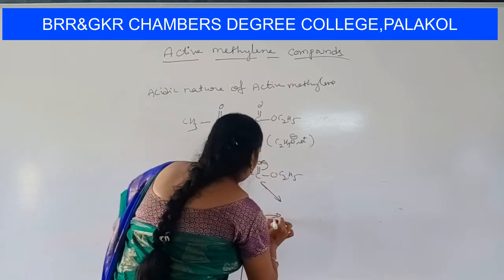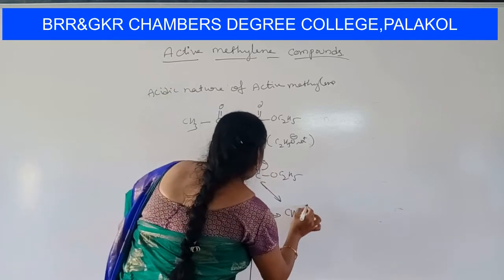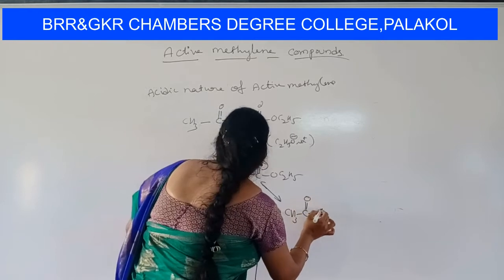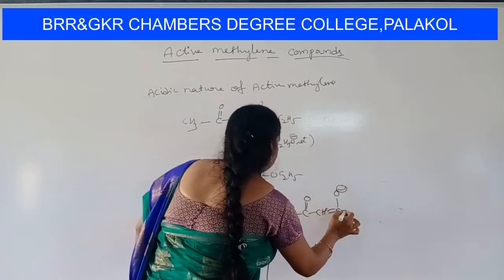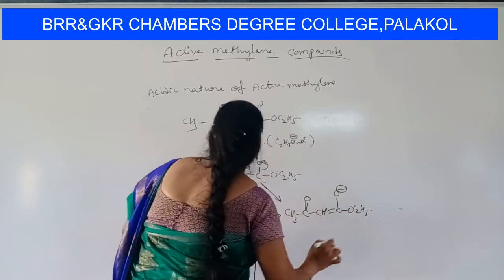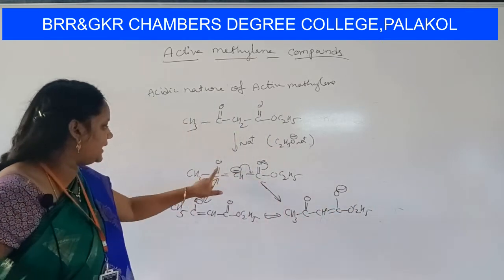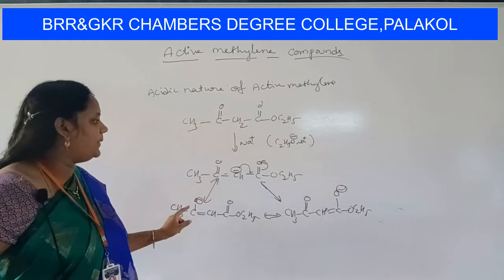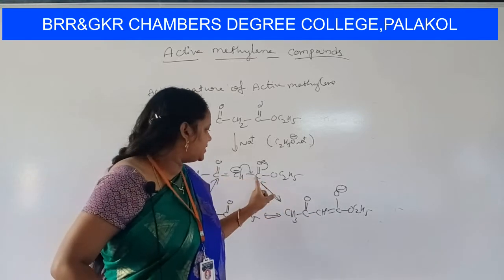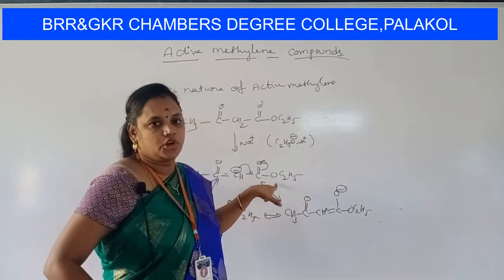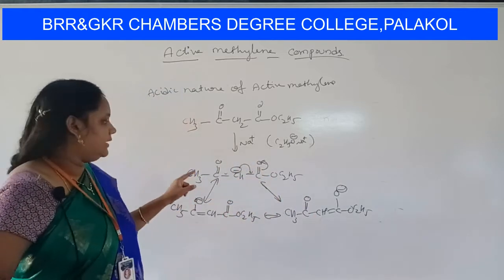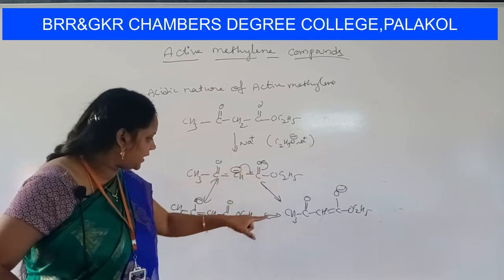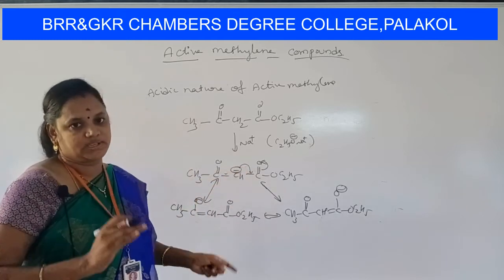So, CH3 C=O CH=C O- OC2H5. Here, we are forming a resonating structure with the aceto group. Here, we are forming a resonating structure with the ester group. And these three are resonance stabilized. These three structures are in resonance with each other.